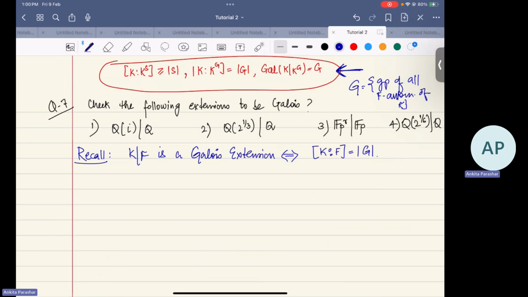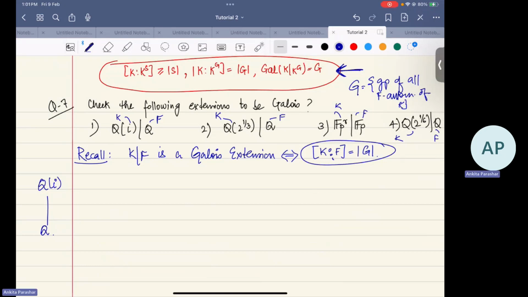Let's check Q(i) over Q. First, we know what the degree of the extension is, because we will be needing this. This is our K, this is our F. You have to use the degree of your extension all the time.